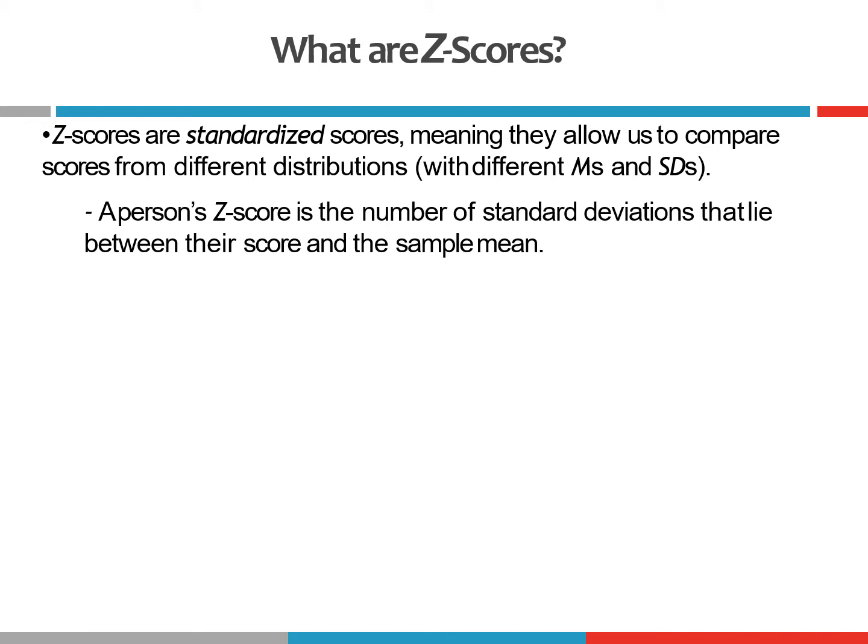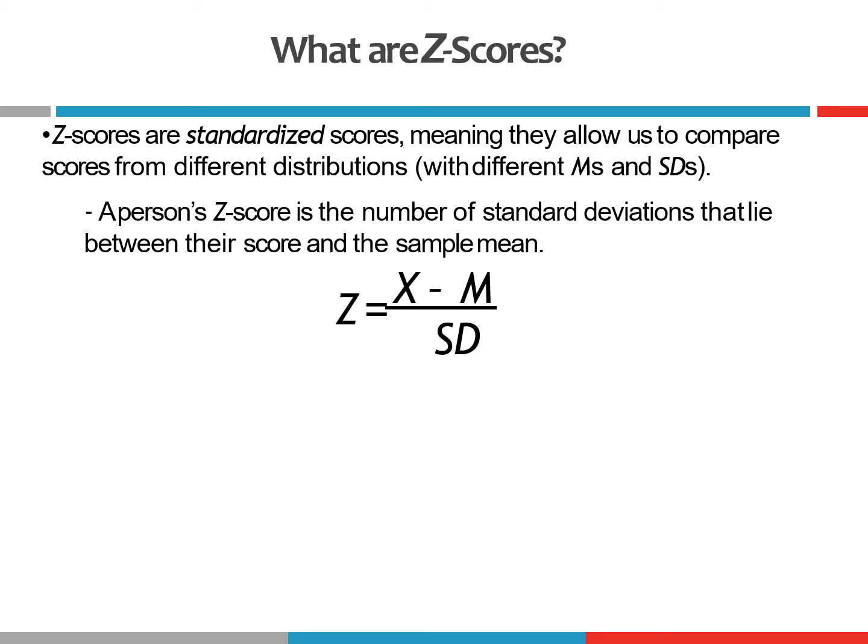A person's z-score is the number of standard deviations that lie between their score, or our value of x, and the sample mean.